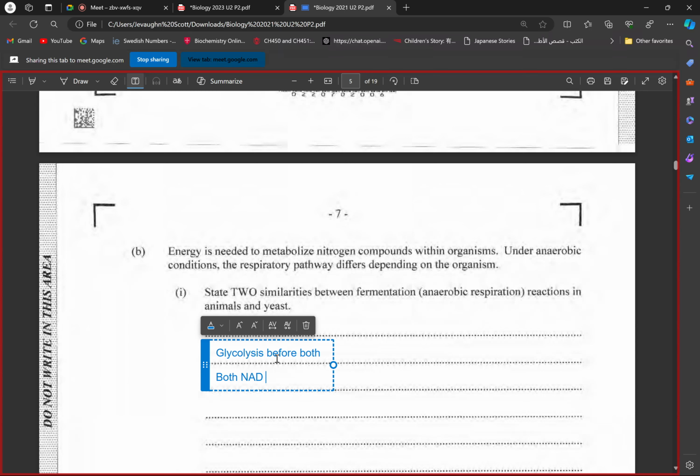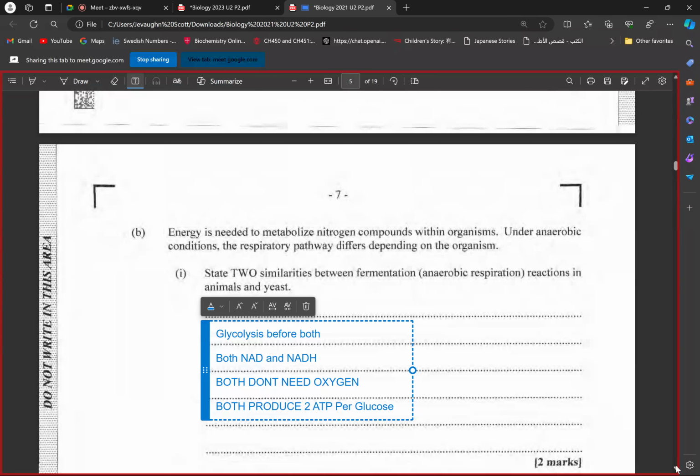Anything else? And I think both produce a net amount of 2 ATP per glucose molecule. 2 ATP, right? Per glucose. Lovely. 2 ATP is a lot for the yeast cell, but it's not a lot for the animal cell. Sadly, death will occur if fermentation occurs too long.